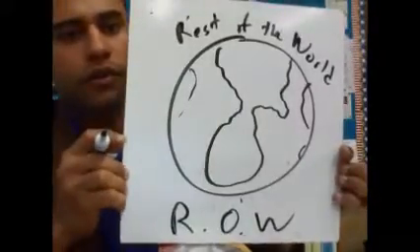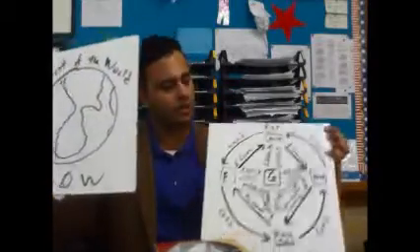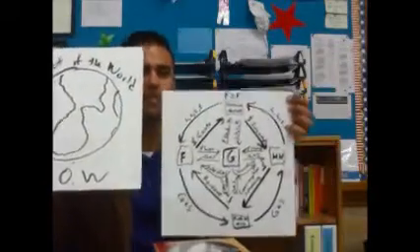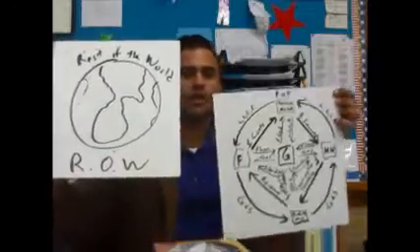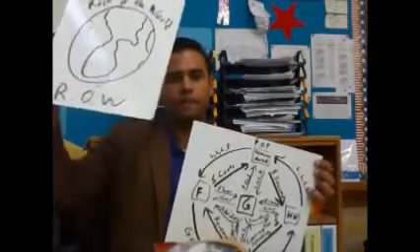Okay, so the rest of the world, also known as ROW. So now we've got, let me back up here, the U.S. economy right here. You've got the U.S. economy, and it's going to interact with the rest of the world, okay?